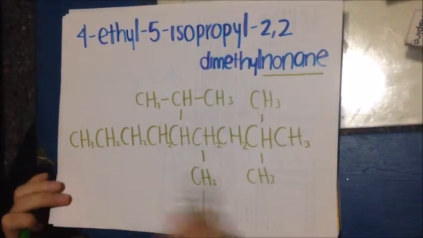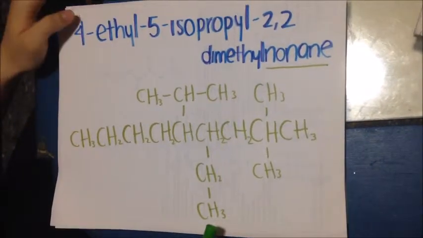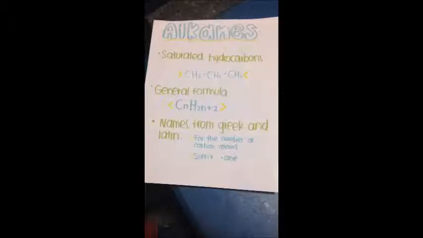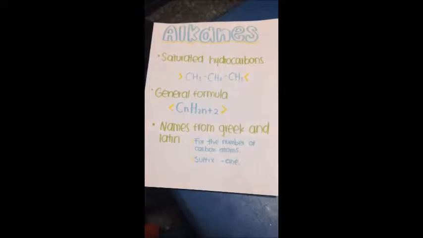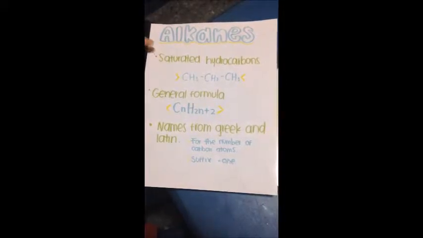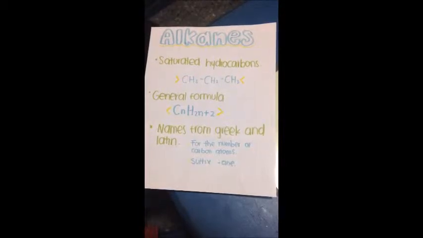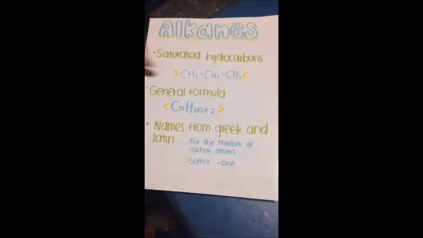And here we have the alkane, the drawing of the alkane. I am going to define the alkanes. The alkanes are saturated hydrocarbons because they are joined to another 4 carbon atoms in the chain.